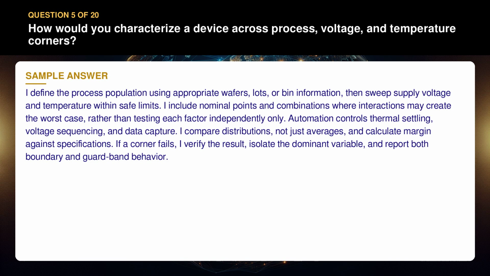Automation controls thermal settling, voltage sequencing, and data capture. I compare distributions, not just averages, and calculate margin against specifications. If a corner fails, I verify the result, isolate the dominant variable, and report both boundary and guardband behavior.